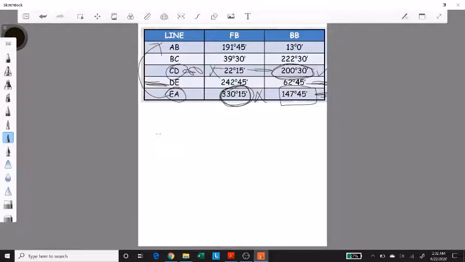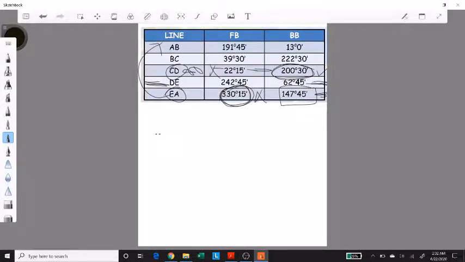So the way I'll be proceeding with this is using the line CD as the first line on which I will perform the corrections.